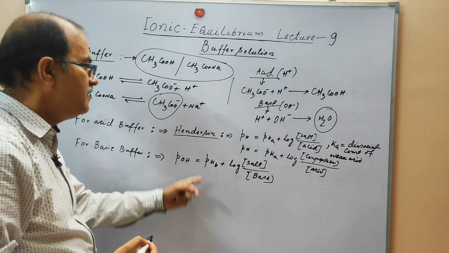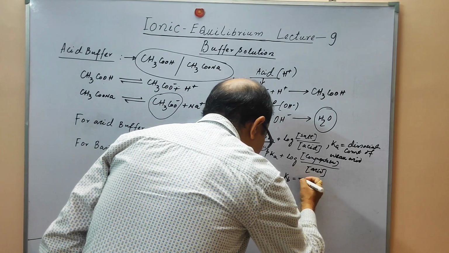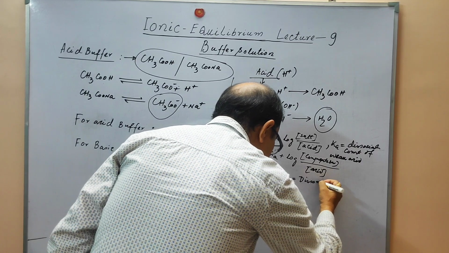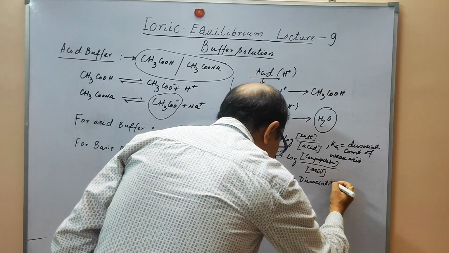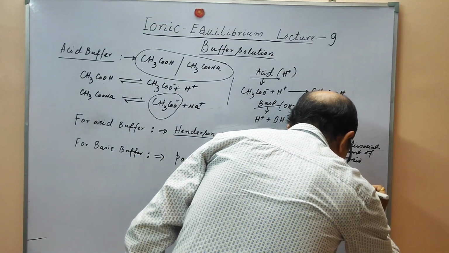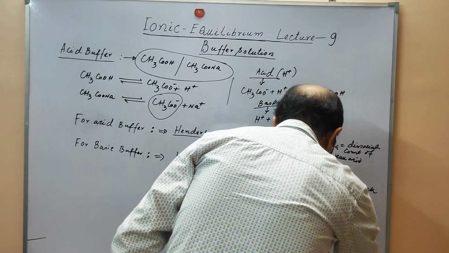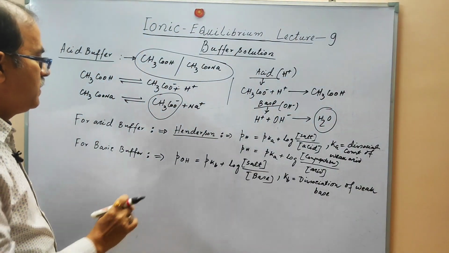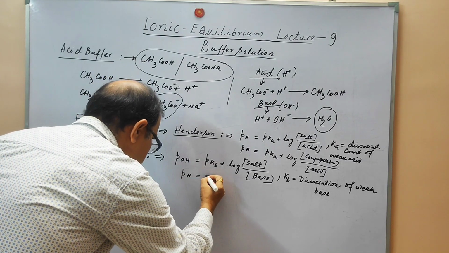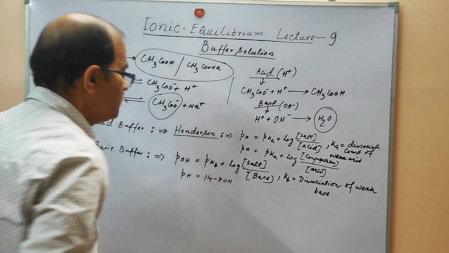Here Kb is the dissociation constant of the weak base. Again we know pH is 14 minus pOH, and from this we can also calculate.